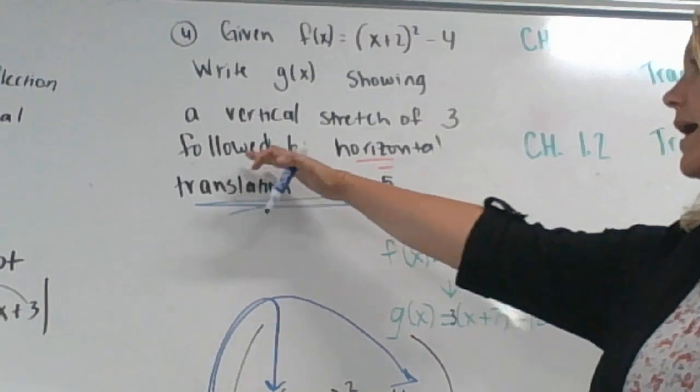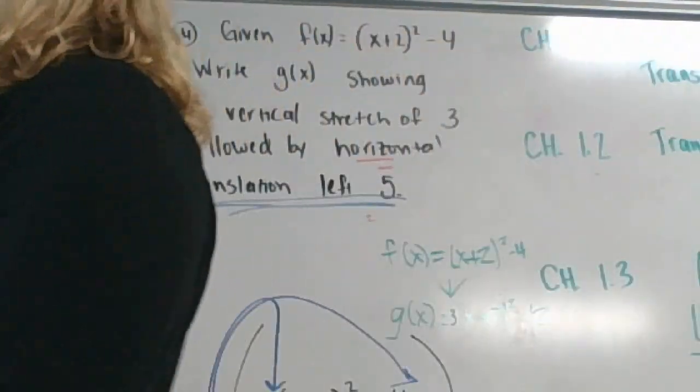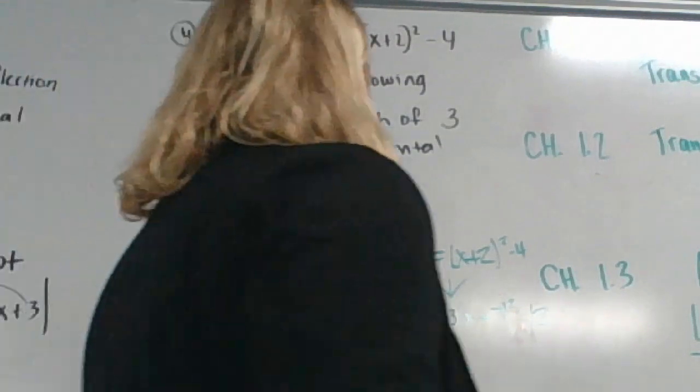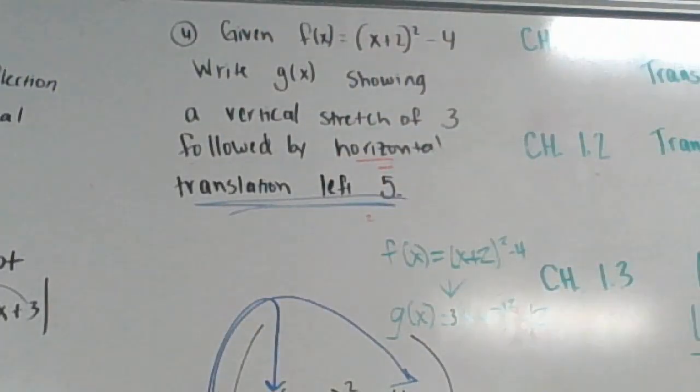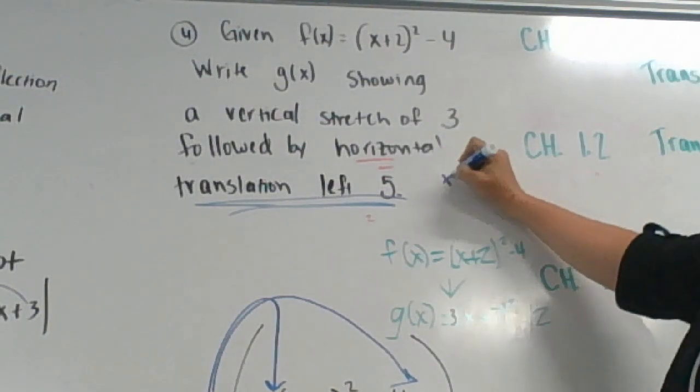Okay, vertical stretch of 3. It is followed by a horizontal translation left 5. So I have to think, how do I do horizontal translation? Horizontal translation, you place the value in parentheses with x, and you have to use the opposite sign. The h value here is responsible for horizontal translations, and again, you use the opposite. So they went from 2 to 7. How did they do that? Okay, left 5.